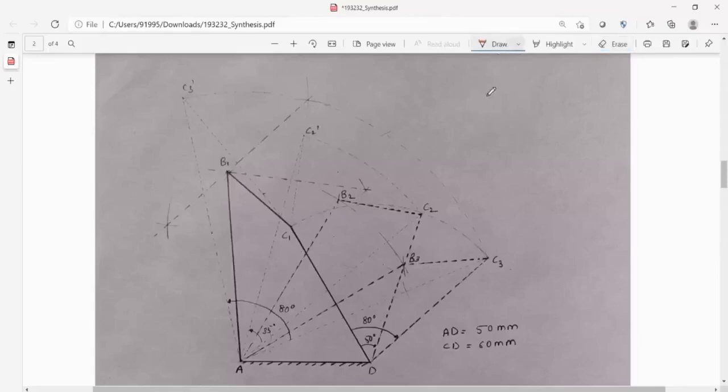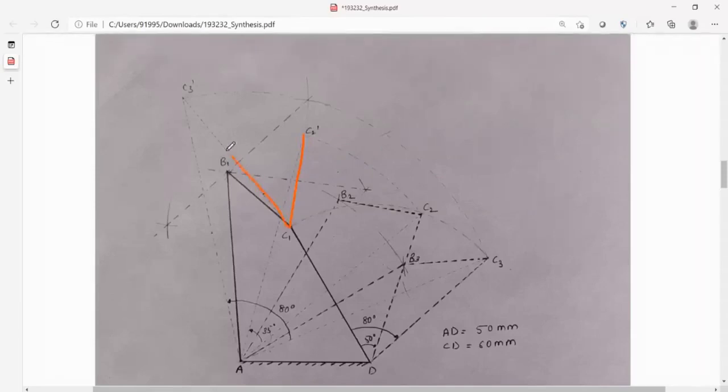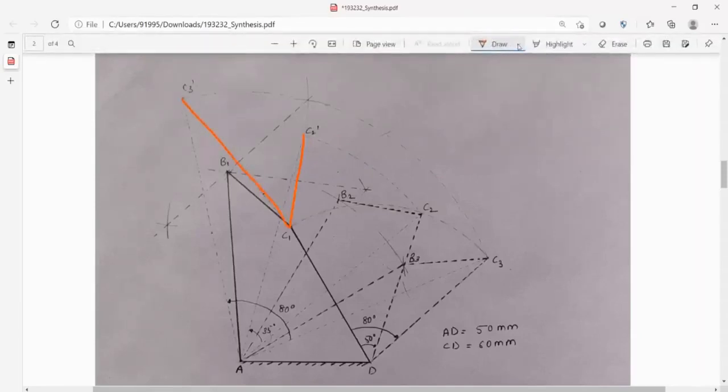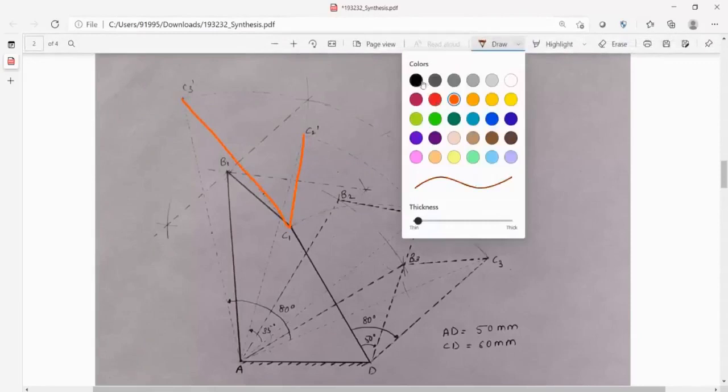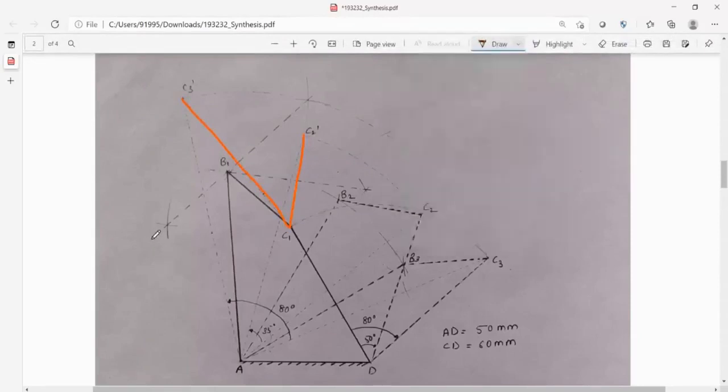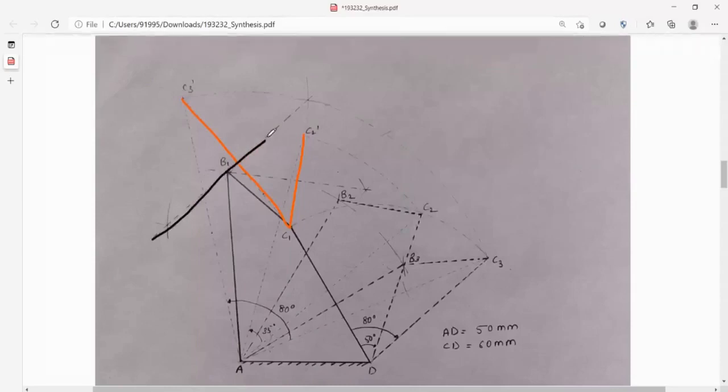Now we will join these points to get the lines C1 C2 dash and C1 C3 dash. Then we will draw mid normals to these lines. These are the mid normal to C1 C3 dash and the mid normal to C1 C2 dash.